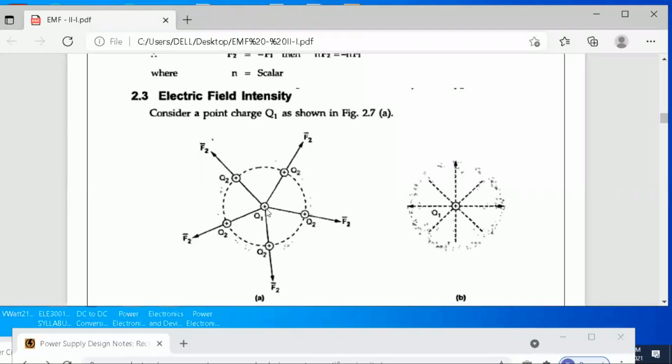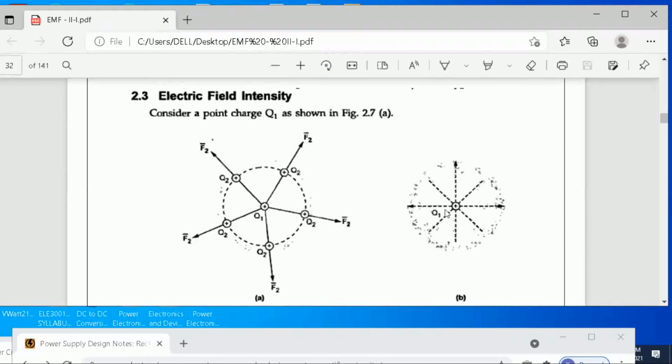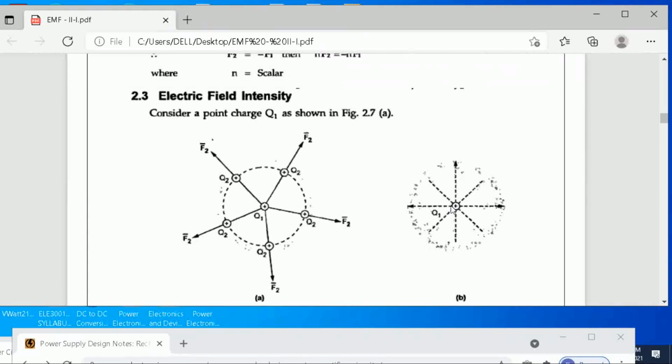Right? So these lines radiating from Q1 are called electric field.